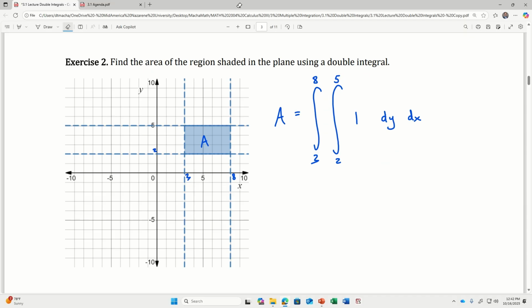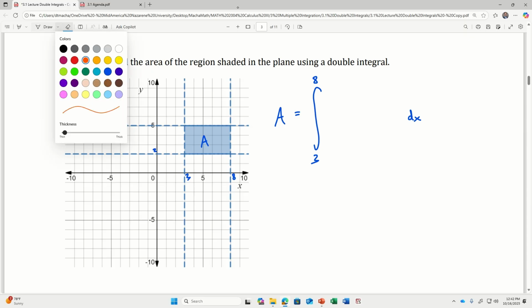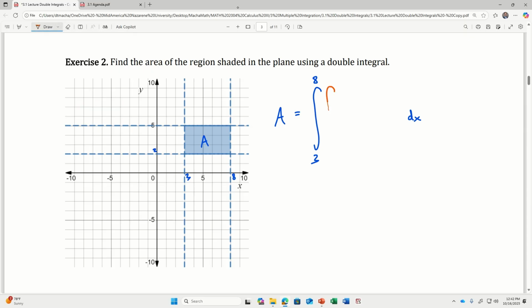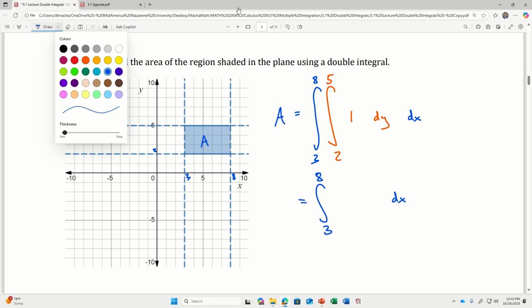And so then what would it look like if I were to actually evaluate this? What would it look like if I say, I want this integral? So we would integrate from 3 to 8 with respect to x of this. What's the antiderivative of 1?